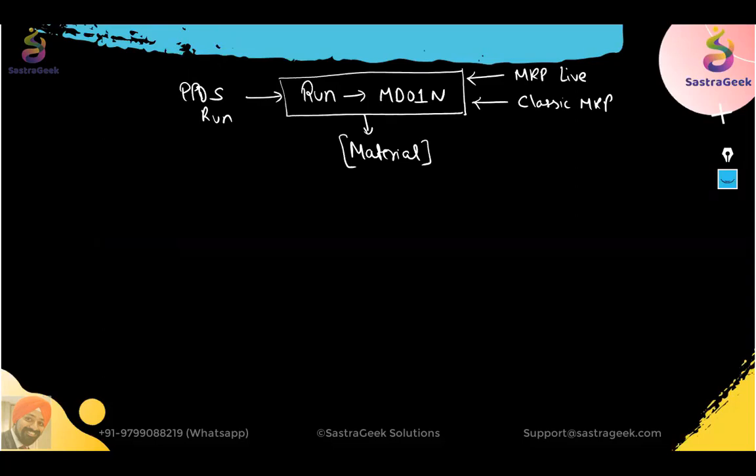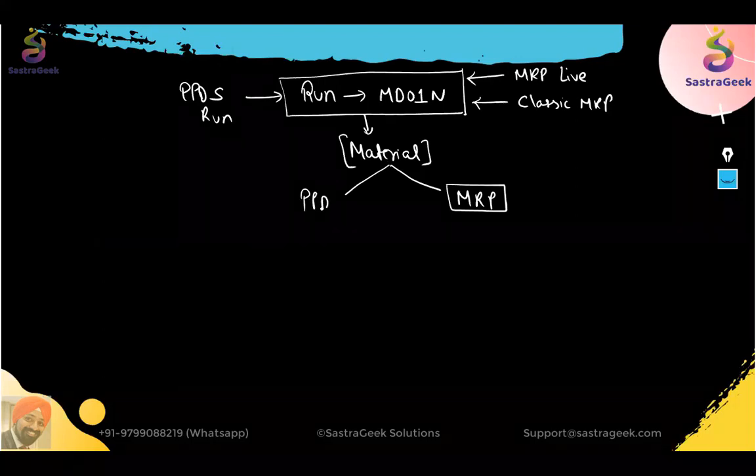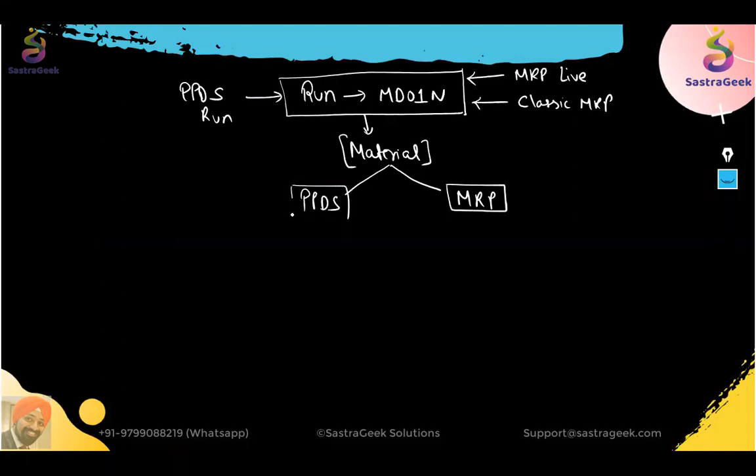First it will identify whether MRP needs to run or we need to run PPDS for that material. For a single material, either we can run MRP or we can run PPDS. We cannot do both. So the system will identify whether PPDS needs to run.